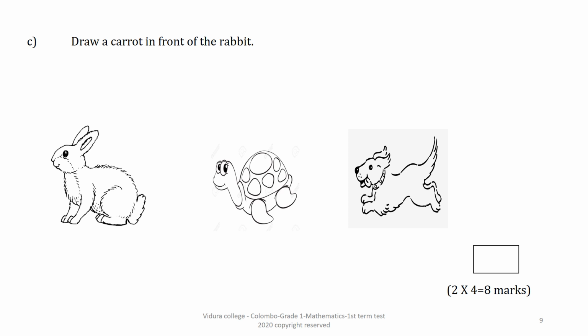Right. Alright. Did you draw a carrot in front of the rabbit? Right. Then we'll go to the next question.